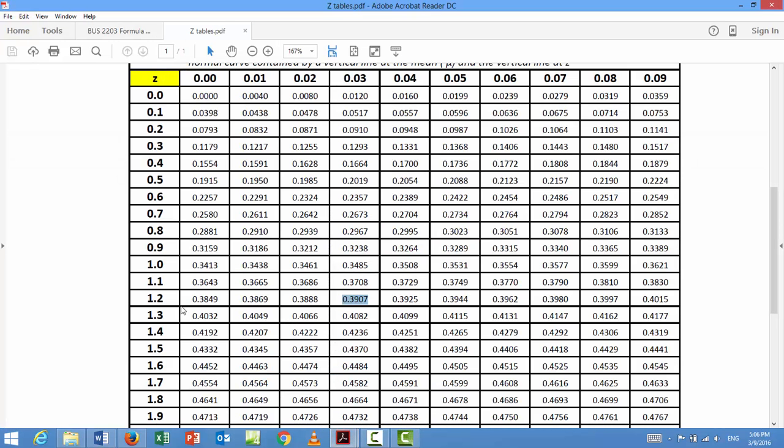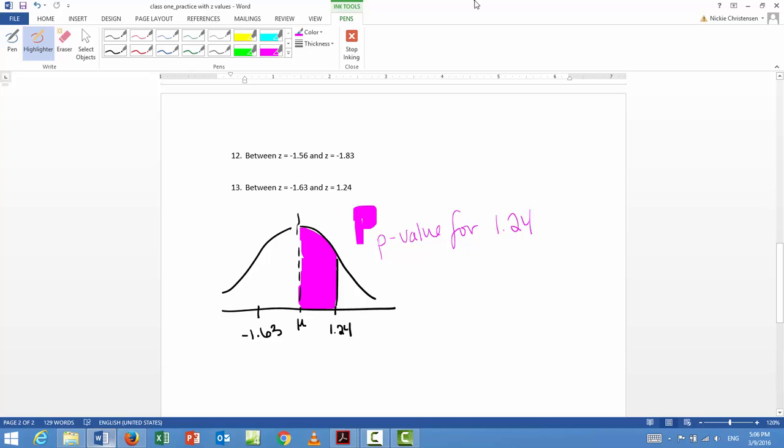Let's look on our table and find it. 1.24 has a p-value of 0.3925. Now we're also going to find the p-value for our other z value, which is negative 1.63.